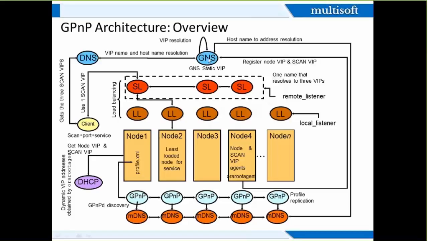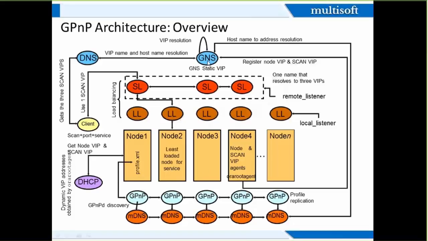What happens in case of GNS? As we know, when I have defined this DNS, 3 SCAN listeners will run. In case of GNS, when the client requests anything, that request goes to GNS, and this GNS transfers that request to the particular node where the GNS VIP is running. That node multicasts that request to all the nodes. That request will be populated inside the cluster.